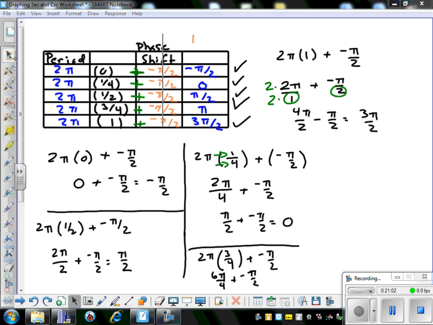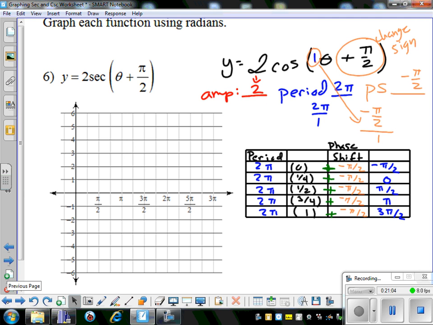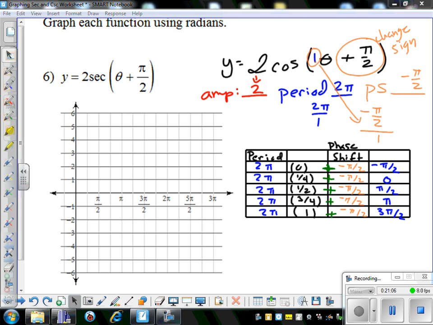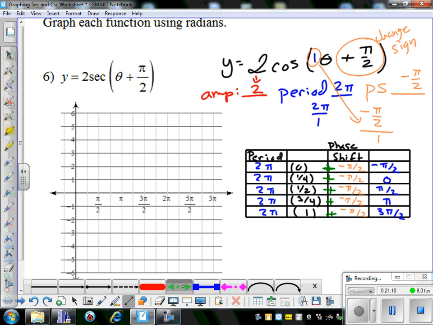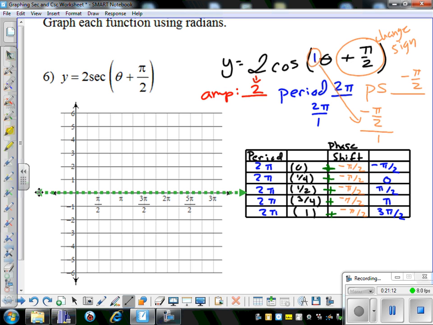Now we're going to scroll back and go to the previous slide so we can finish our problem. Now, we have no vertical shift. So remember, that gives me my midline still at the x-axis. Looking at the amplitude next, that's up 2 and down 2. Now, I need to know where are my points that I'm going to make my graph go through.